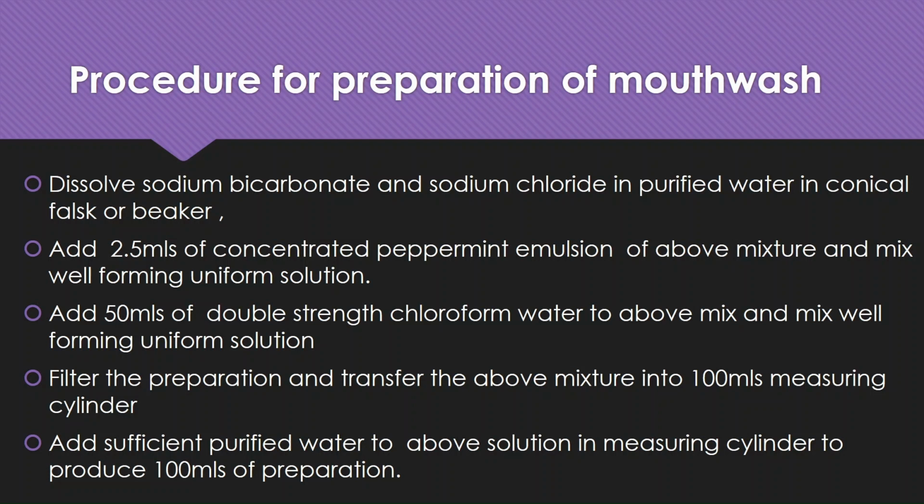Also, you have a small volume to filter, and it will filter faster compared to when you filter at the end, where you will have a greater volume and it will take a lot of time to filter.